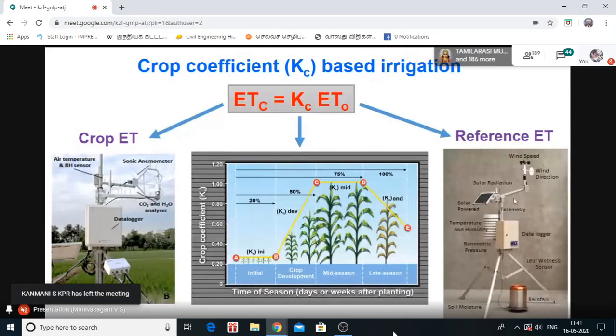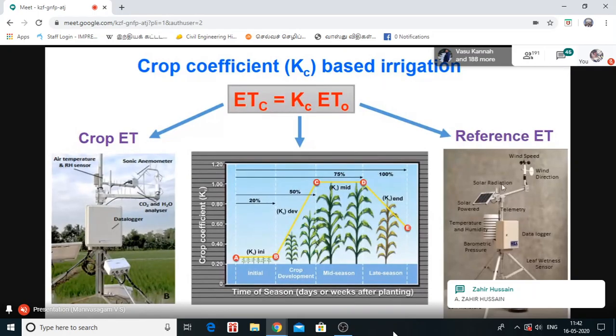In the weather station, we have wind speed, relative humidity, solar radiation. There is the well-developed Penman-Monteith equation, or different ET-based equations. Based on the weather station measurements, we can calculate the reference evapotranspiration.